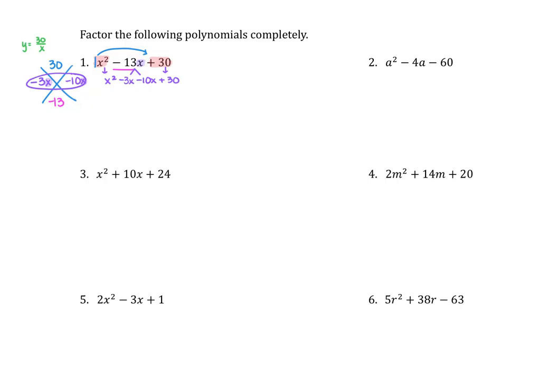So I'm going to kind of put a line down the center of this. I'm going to focus on just this first half of my polynomial. So I'm looking at just these first two terms, and I'm going to factor out the GCF of just those two. So looking at those, they have an x in common. So remember, I'm going to divide both by x. They don't have a number in common.